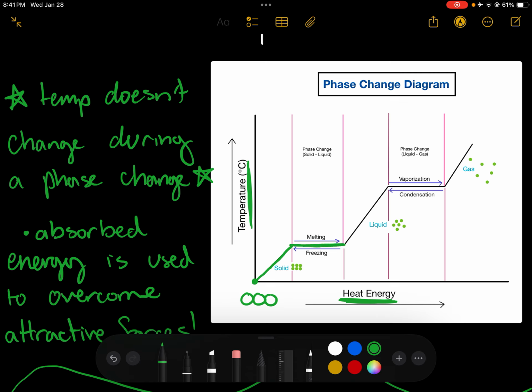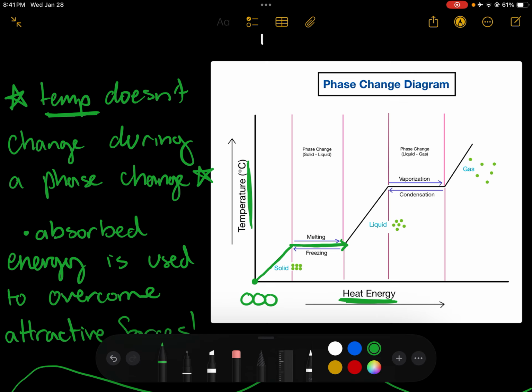And this first area right here, if we're moving to the right, represents melting. But you'll notice that during that phase change, our temperature does not actually change at all, despite the fact that those molecules are still absorbing heat energy, because we're still moving toward the right on that axis.